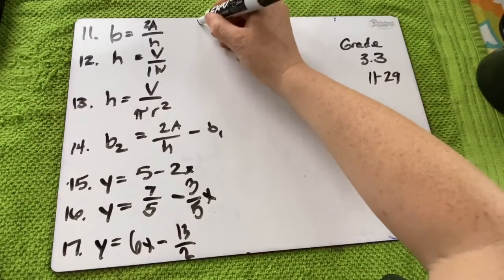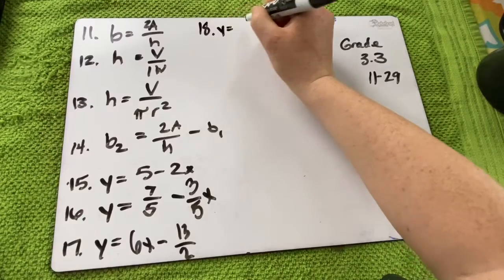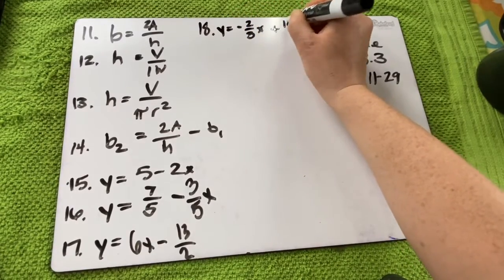Okay? 18, Y equals negative 2/3 X plus 10 over 3.